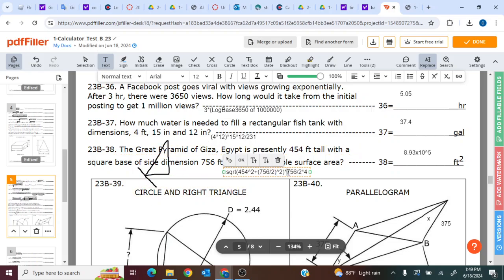And then you have your base of 756 right here. And then you divide by 2 because it's the area of a triangle, and multiply it by 4 because there are 4 triangles. And this thing is basically 454, and this side is 756 over 2.